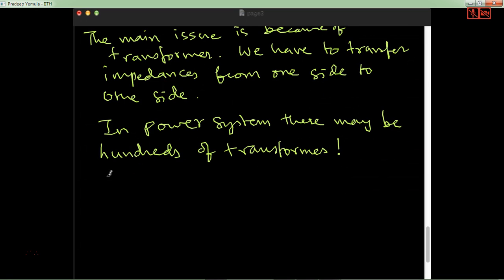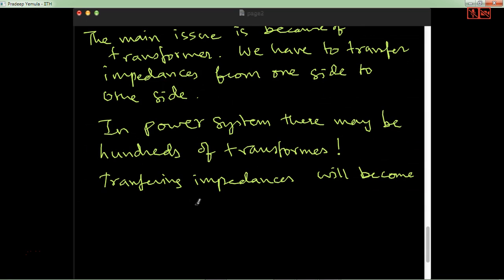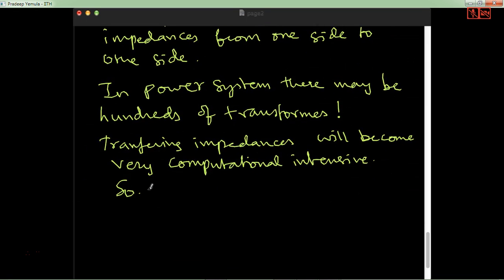So transferring impedances will become very computationally intensive. So per unit is used.